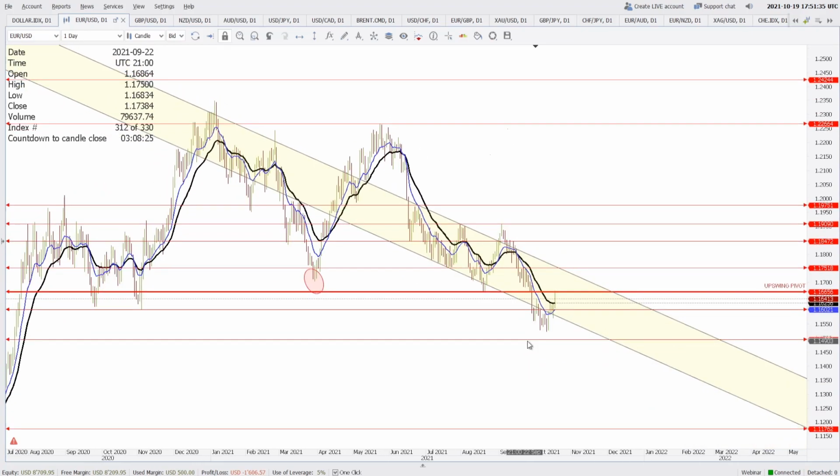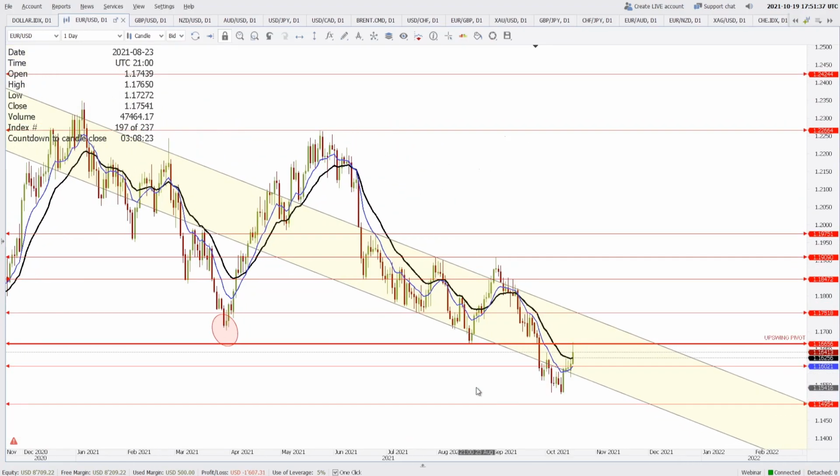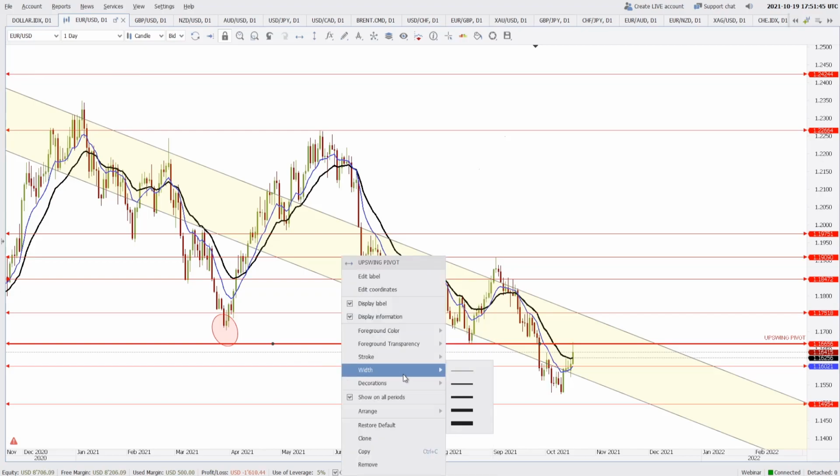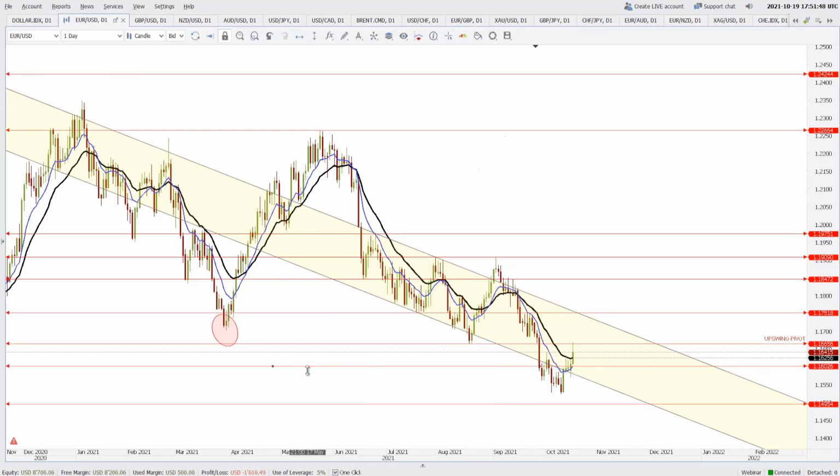So now the price action is suggesting to me that this upswing pivot, this level at 1.1665, is a very strong resistance. And if you notice, in our previous videos we have marked this level as a very important level. So what we are expecting is this level to hold as a resistance, because this level was an important support in the past.